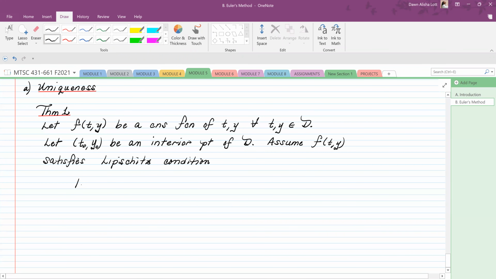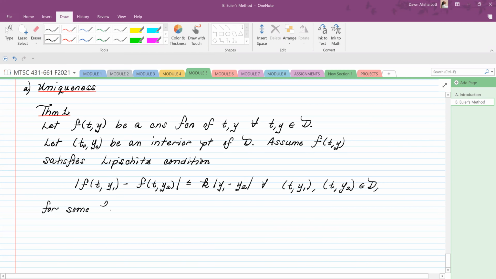The absolute value of f of t, y1 minus f of t, y2 is less than or equal to some k times the absolute value of y1 minus y2, for all (t, y1) and (t, y2) an element of D. And this happens for some k.